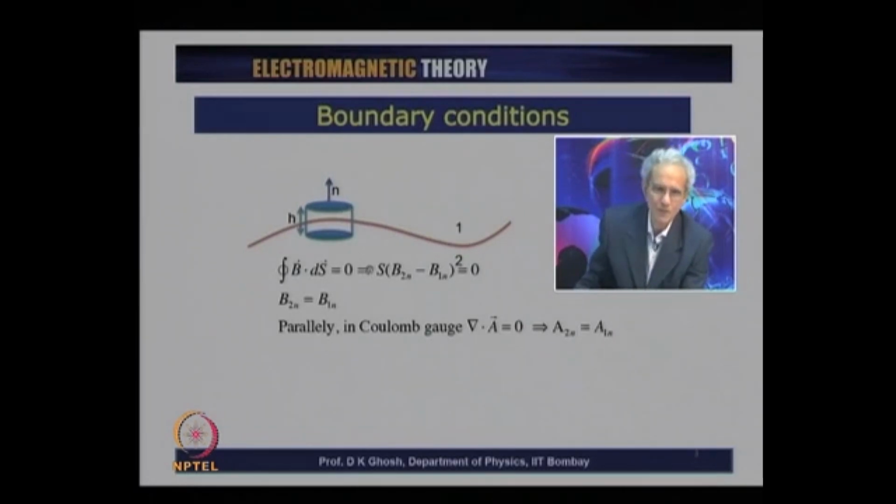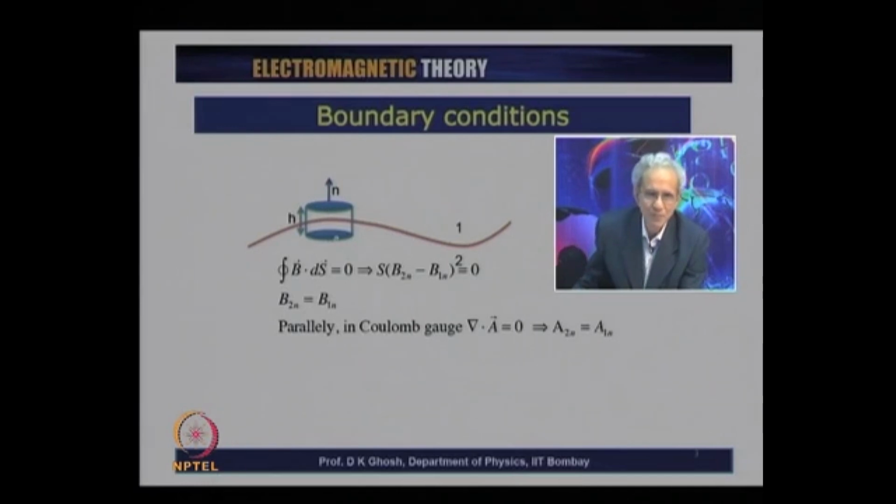When you calculate the surface integral of the magnetic field B dot dS, since h is very small compared to, let us say, the radius of the cap, the contribution from the curved surface of the pillbox is equal to 0. So, I need to only worry about the contribution from the top surface and the bottom surface, the two caps.